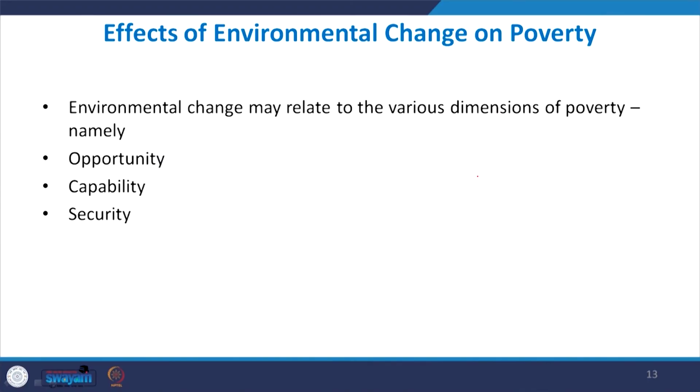Actually, most of the poor people are engaged in those activities which require environmental resources, like most of the poor people are small and marginal farmers, landless laborers, and small livestock holders, cattle grazers, etc., and most of them rely on natural resources.